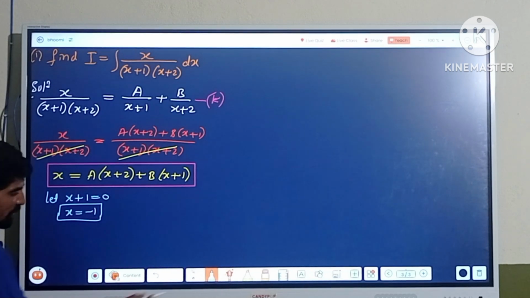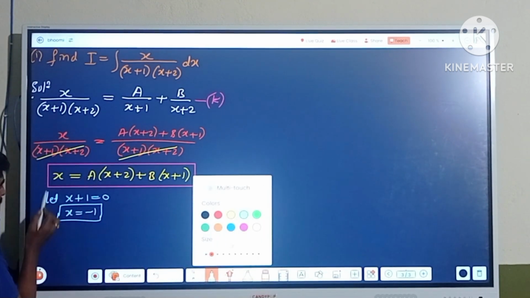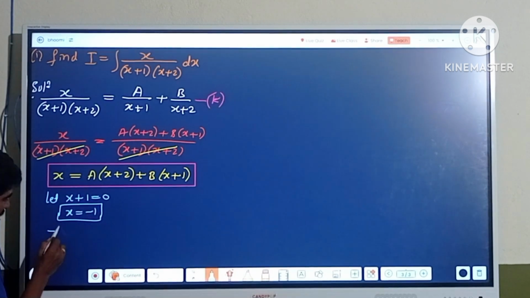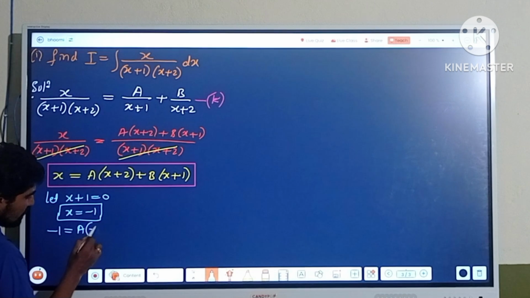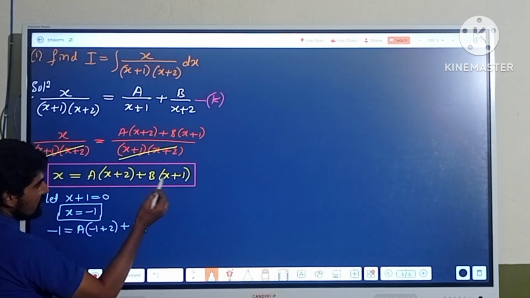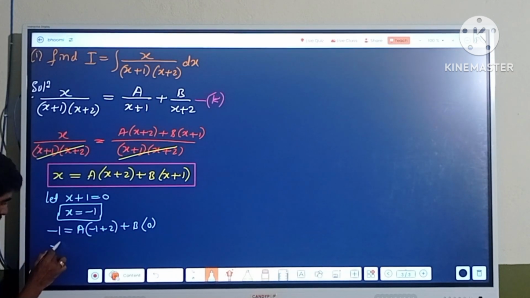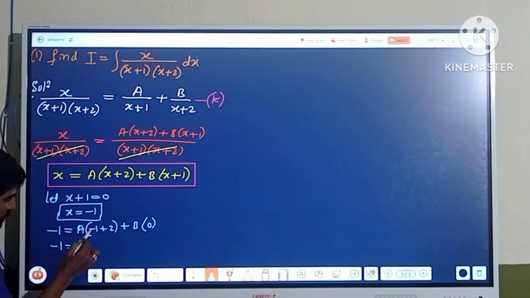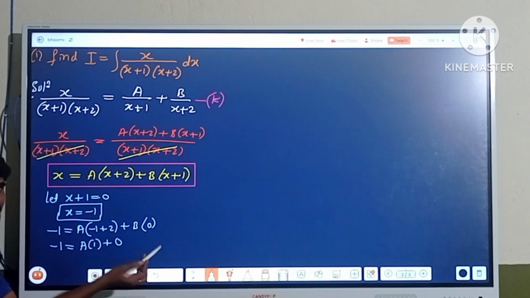If x is equal to minus 1, then in this equation, in place of x: minus 1 is equal to A into (minus 1 plus 2) plus B into, observe here the value of x plus 1 is 0, so B into 0. Minus 1 is equal to A into (minus 1 plus 2, which is 1) plus B into 0, which is 0.